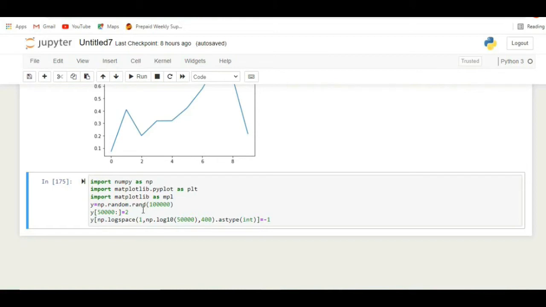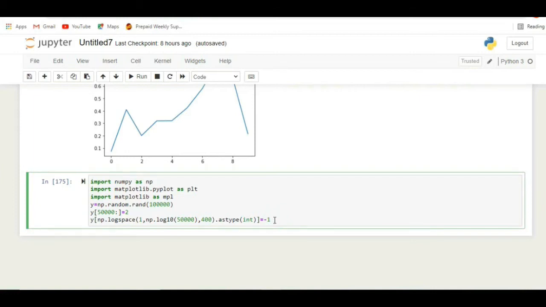Matplotlib, as mpl, where random dot, so where can we have a problem? Import numpy as np, import matplotlib.pyplot as plt, import matplotlib as mpl, y is equal to np.random.rand(100000), and y[50000:] inside the square bracket.